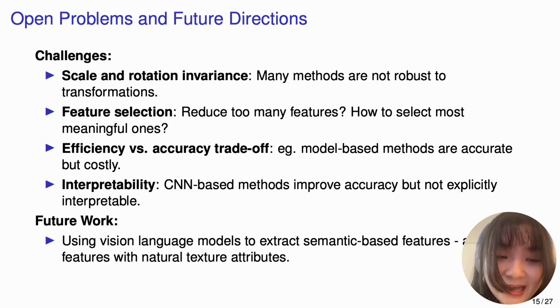We have to know what happens. For future work, I think using vision language models like CLIP to extract semantic-based features is promising because it can align the extracted features with natural texture attributes like coarseness, contrast, glossiness, scale, like that.